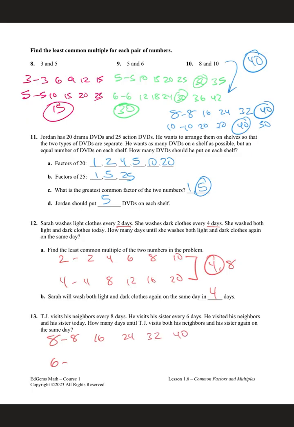And the first 5 multiples of 6 are going to be 6, 12, 18, 24, and 30. So out of these, let's go ahead and circle the multiples they have in common. I see 24 and 24, and I don't see anything else. That's the smallest multiple they have in common. So the final answer is 24 days.